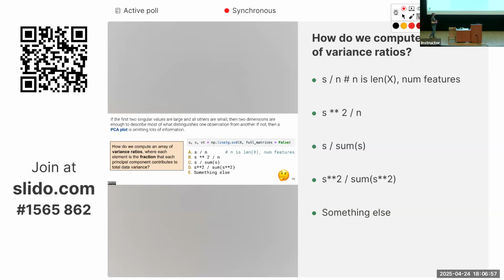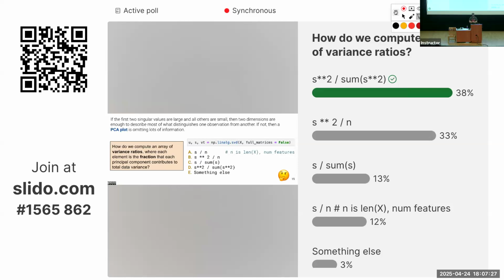How would we compute these ratios? Need the variances, need the total variance. We want to get the fraction of that total variance.